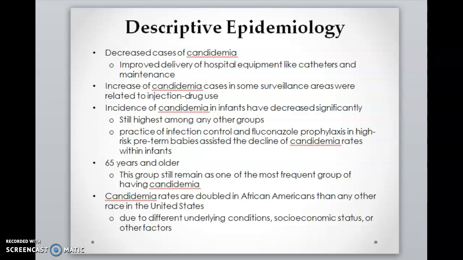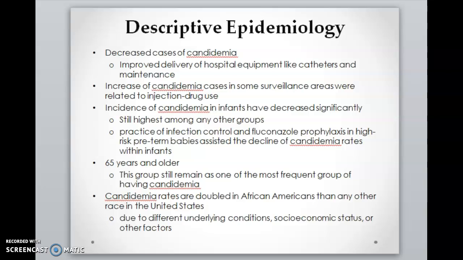Incidence of candidemia in infants has decreased significantly, but it's still highest among any other groups because practice of infection control and fluconazole prophylaxis is high risk.